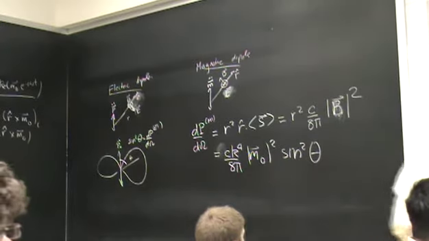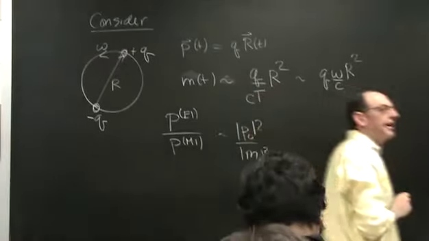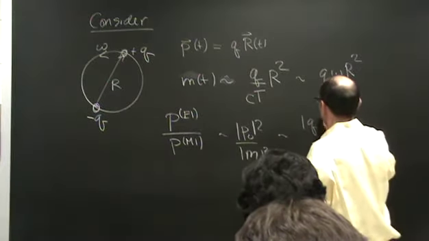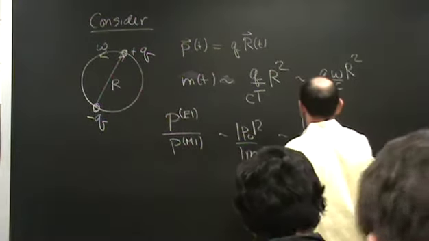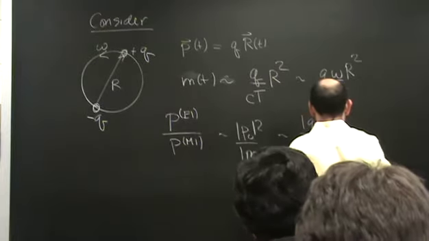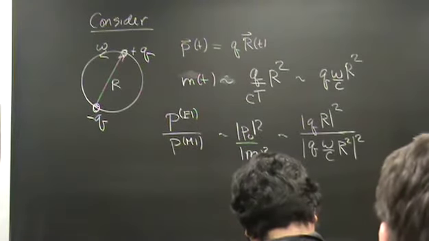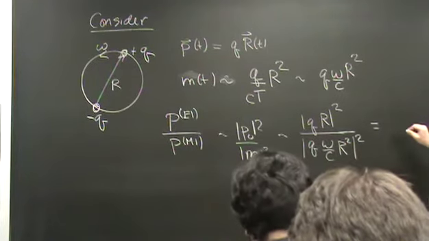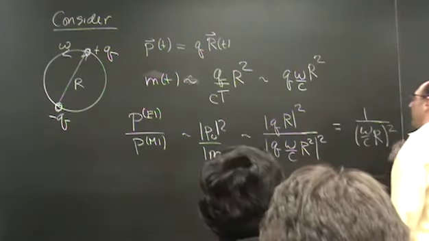So the ratio goes like that square, which in this case is Q times R squared divided by Q omega over C times R squared, which goes like 1 over omega R over C squared.